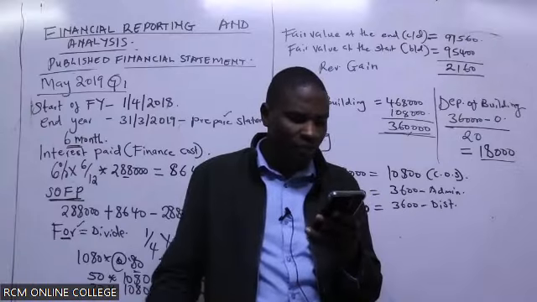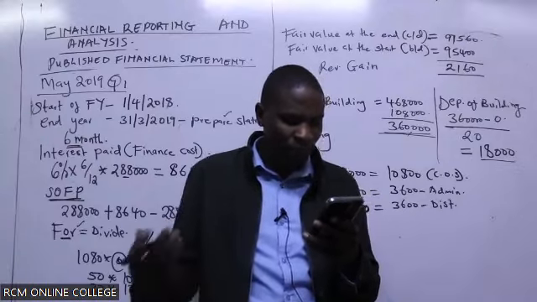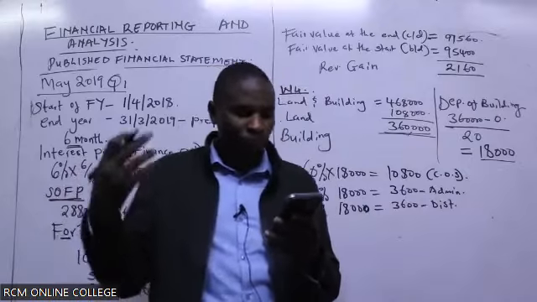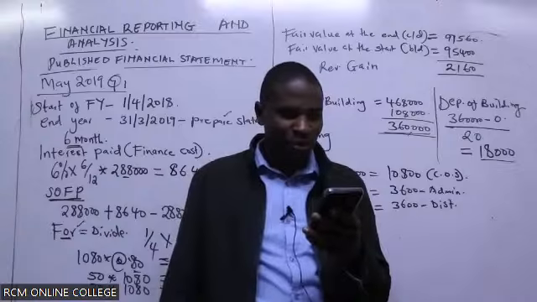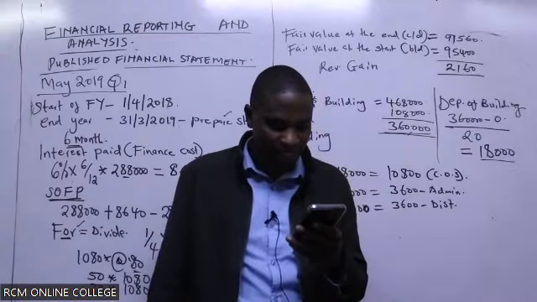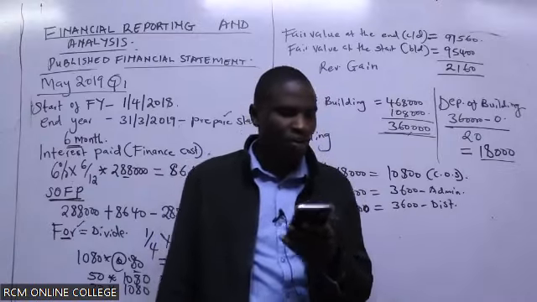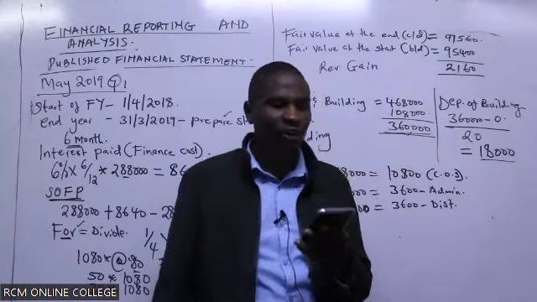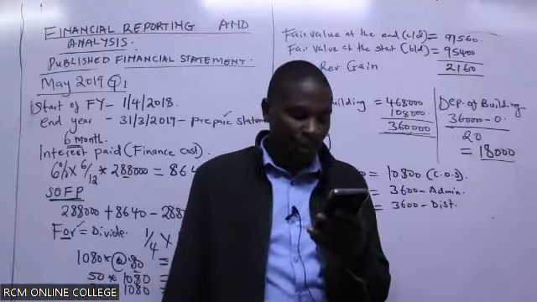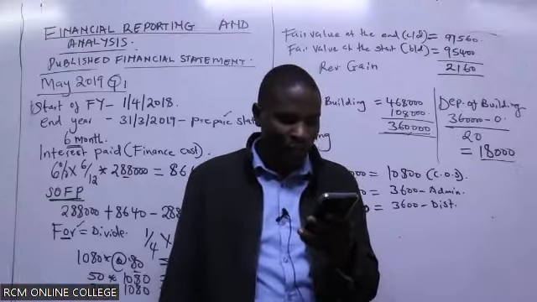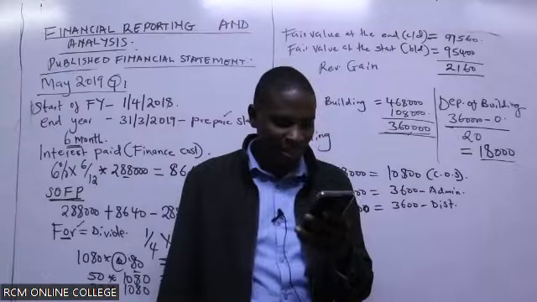We are told on that first March 2019, a professional valuer valued the building at 331,200 with no change in the value of the land. Let's look at the building. It was valued at 331,200.